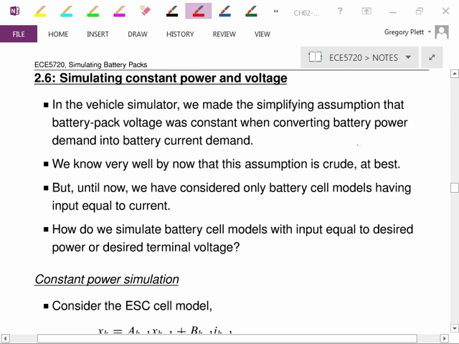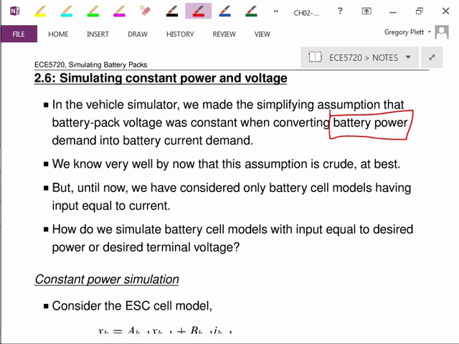Now, there's a problem, though. It's one that we're going to overcome in this section, so it's not a significant problem. The simulation that we just looked at had a demanded battery pack power, and for all of the models that we've created, the input to the model is not power, but instead current.